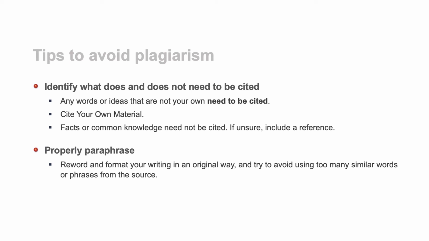Facts, common knowledge, however, need not be cited. The earth is round, the moon is in the sky, but if you're unsure, the rule here is cite if you have doubt.